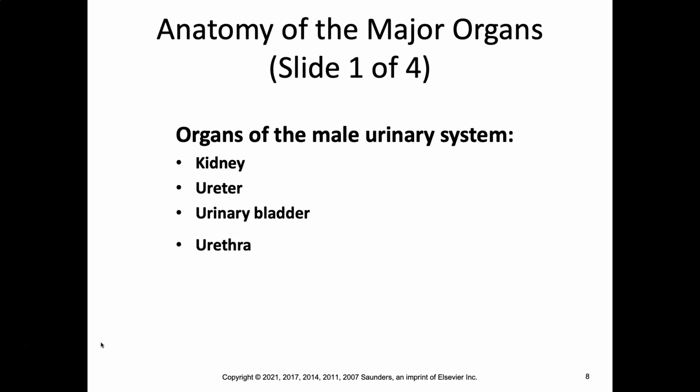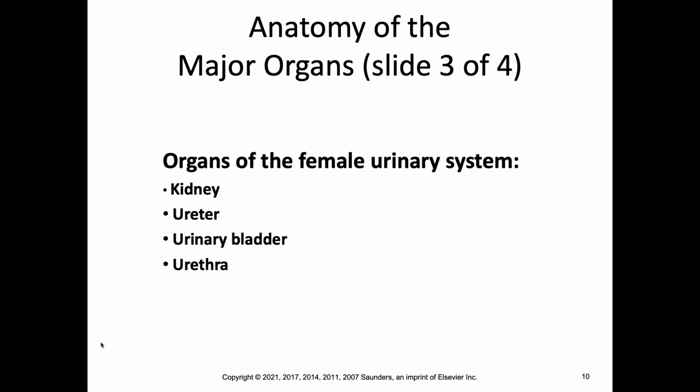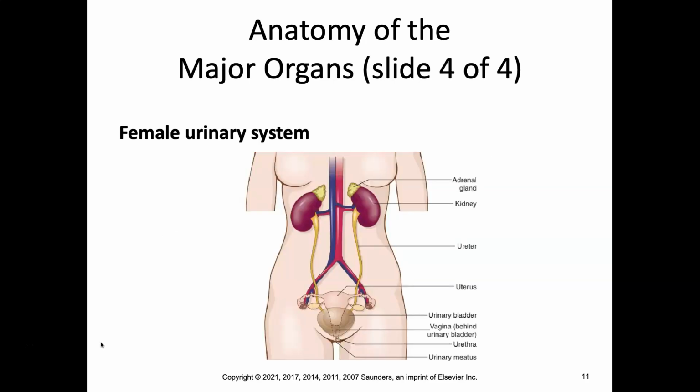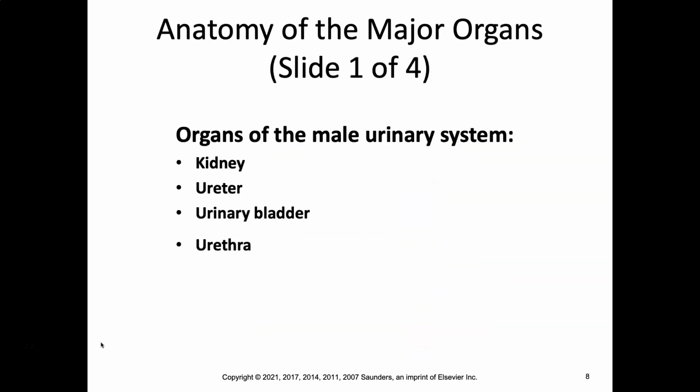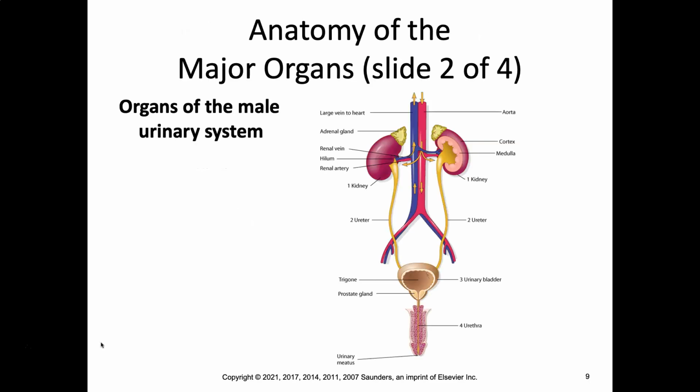Even though we're talking about the male urinary system here, if we jump ahead, you'll see the exact same organs in the female urinary system. They're just expressed differently. And we'll show you the figures for both of those. So whether it's male or female urinary system, you have kidneys, ureters, urinary bladder, urethra. And you have 2 ureters, by the way.